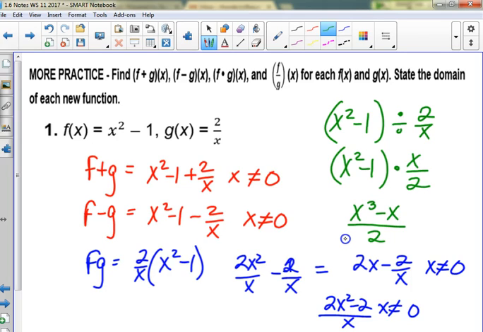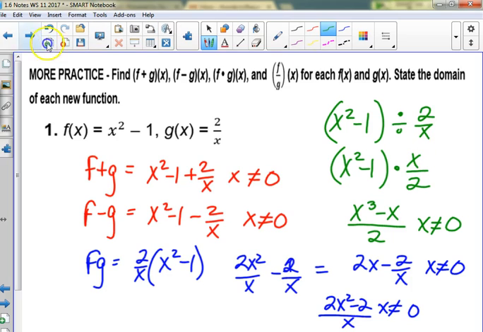You can't have something in the domain of the new function that wasn't in the domain of the old function. So what number wasn't in the domain of the old function? x could not be 0. So even though this has a domain that seems to be all real numbers, because one of the original functions excluded 0, it's still excluded.